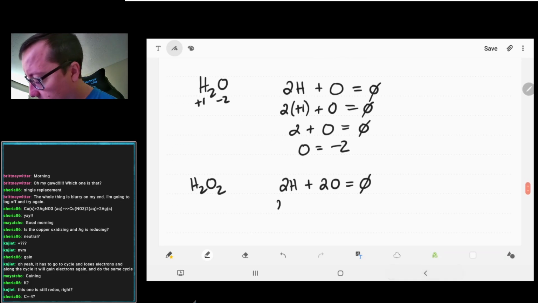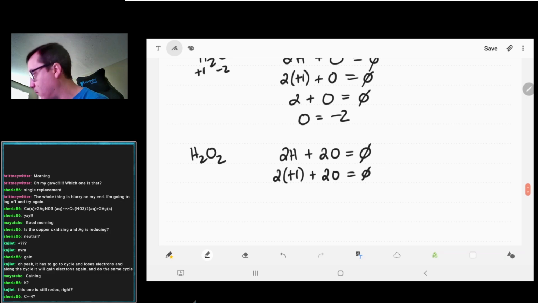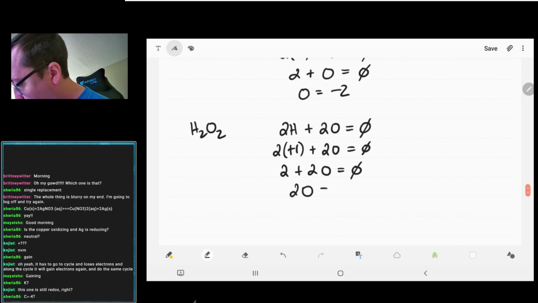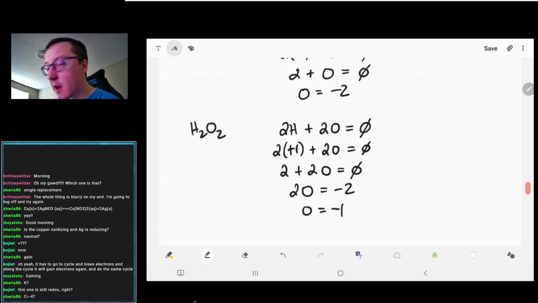So we know that hydrogen is +1. If we do this, we get oxygen to be -1. So we get not a charge, just something for us to keep count of our electrons.